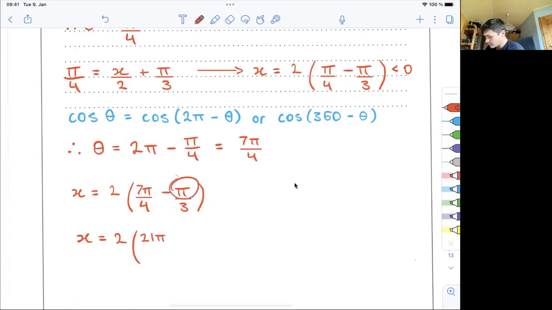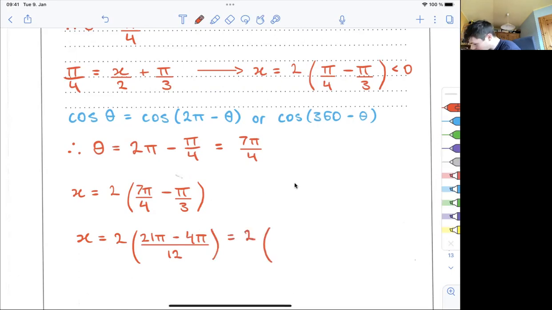Then for the pi over 3, we have to times the 3 by 4 to make it 12. That means we have to times the pi by 4. So then we go minus 4 pi, and we had a common denominator of 12. And so this is going to give us 17 pi over 12.